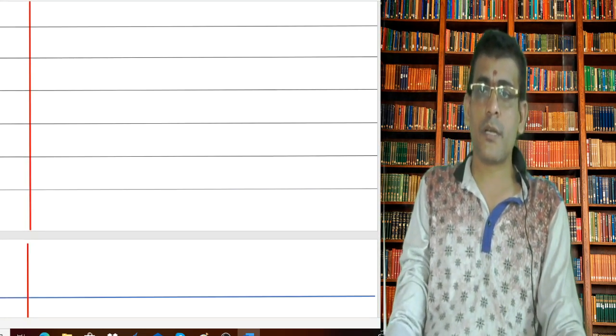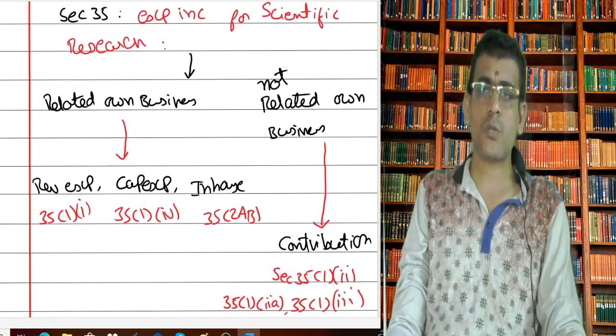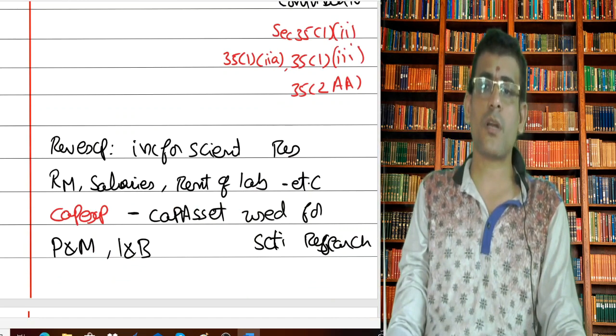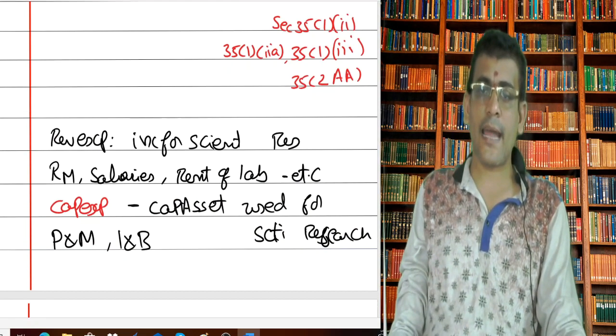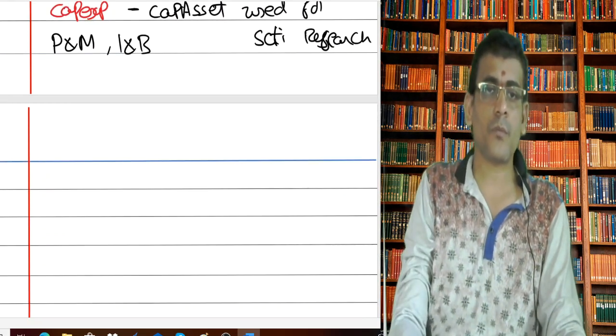Now here let me cover 2 sections at the same time. Which is nothing but section 35 subsection 1 clause 1 and section 35 subsection 1 clause 4, revenue and capital expenditure. These 2 things I am going to cover at the same time. Let us see.